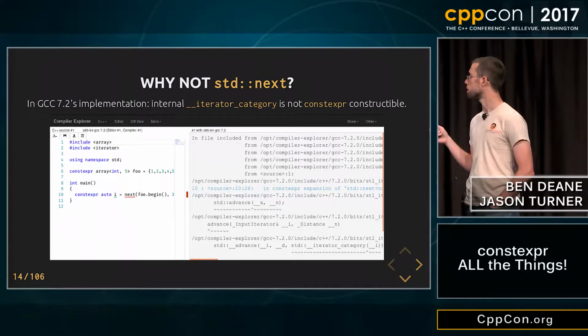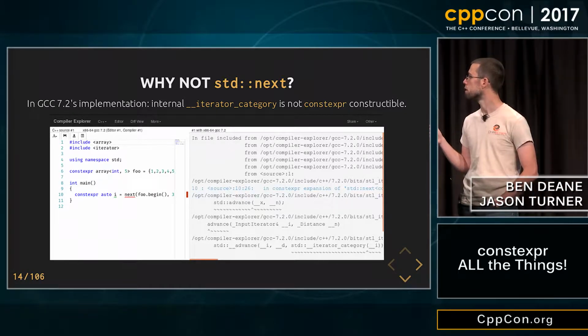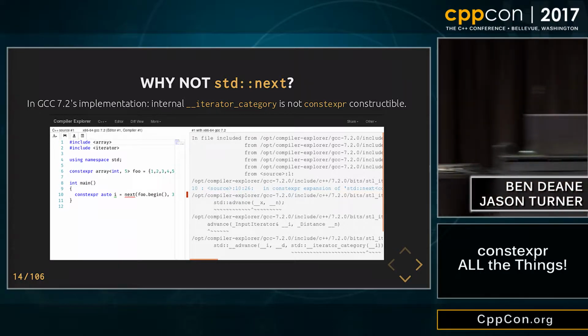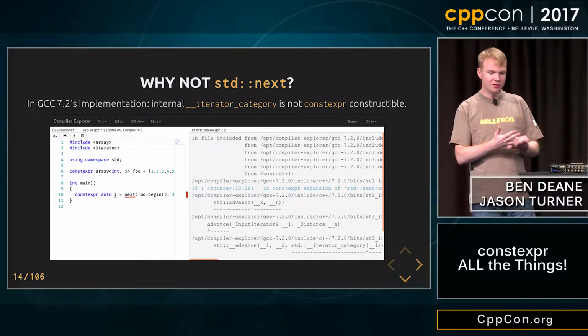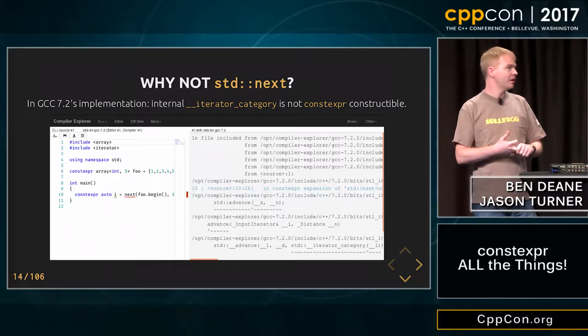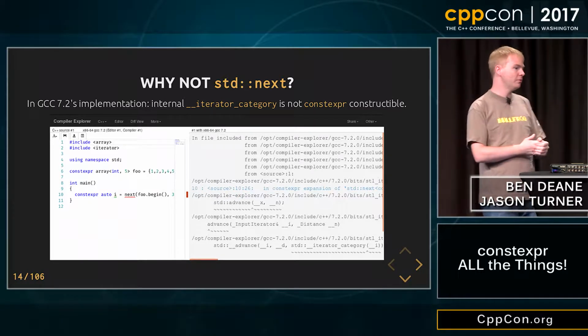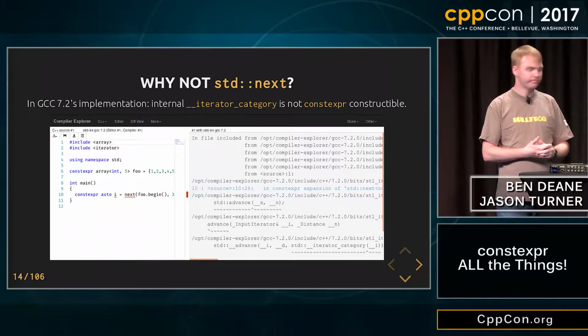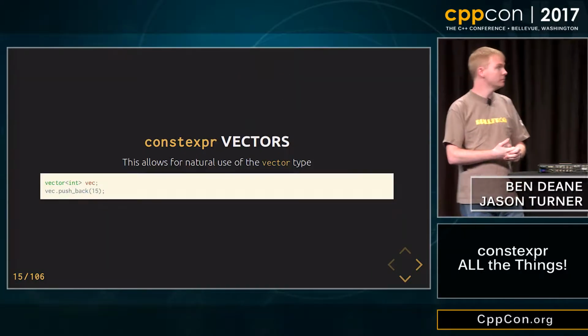But these things are fixed in trunk. Yes, I believe so. So next, advance, which I think next uses, and distance are all constexpr in the standard. They just happen to have a bug in the current GCC 7.2 that we're using today.